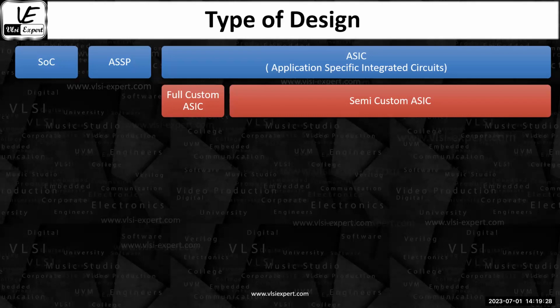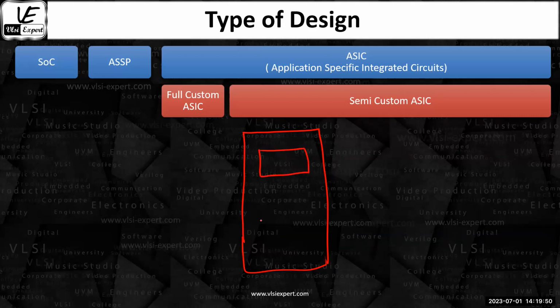Then there is the layout of NMOS and PMOS. In the layout, there is a width and height of a particular NMOS and PMOS. Maybe if you remember, we usually draw something in this particular way. This is basically the poly.